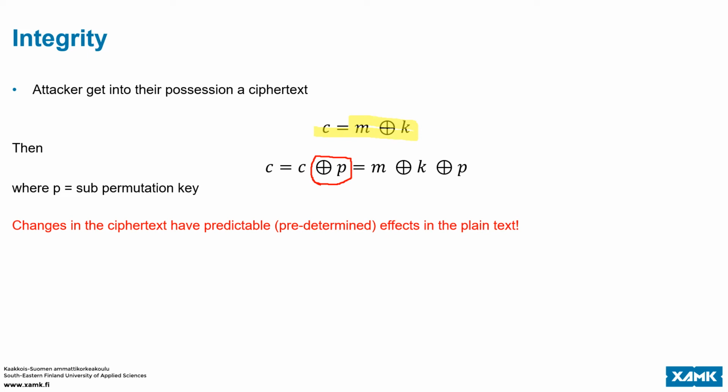This is a phenomenon that basically shows how changes in a ciphertext can have predictable or predetermined effects in the plaintext. So by modifying the ciphertext, we may be able to modify the plaintext if we know enough properties about the plaintext and about the cipher.